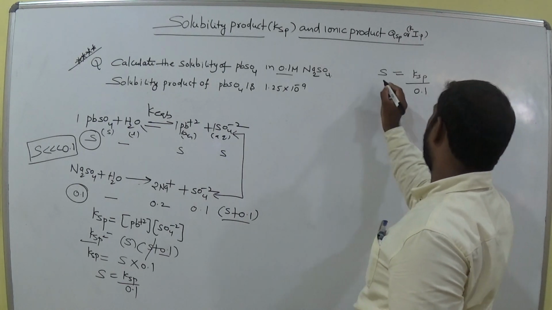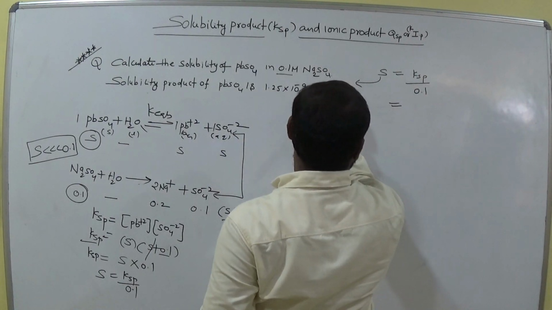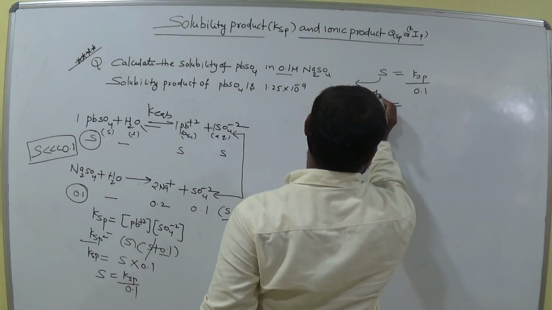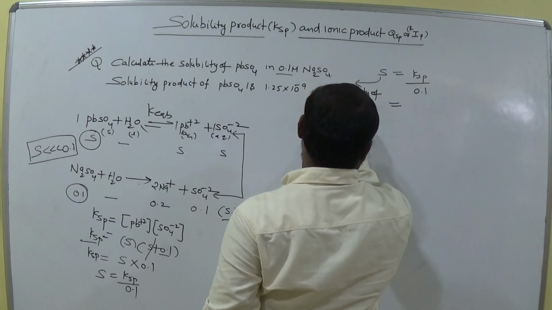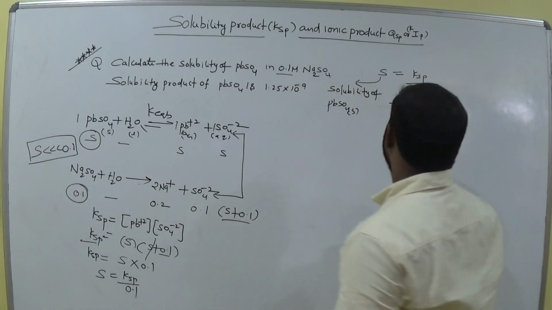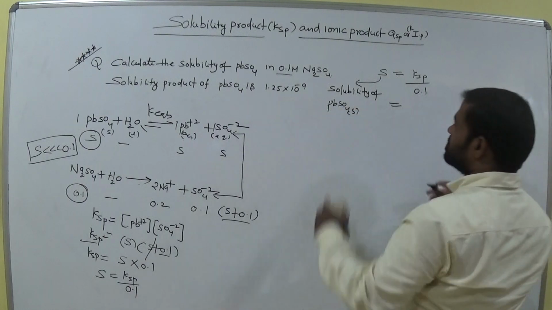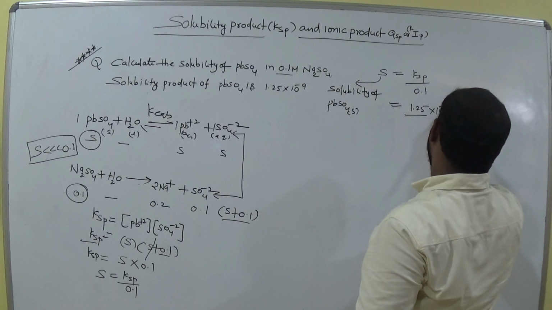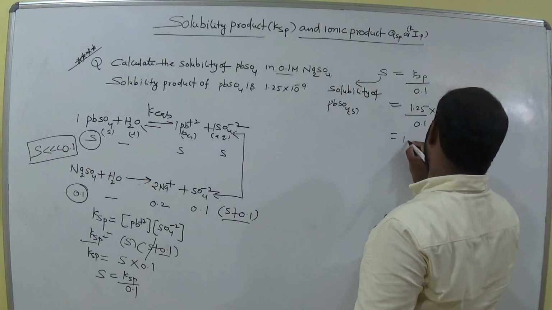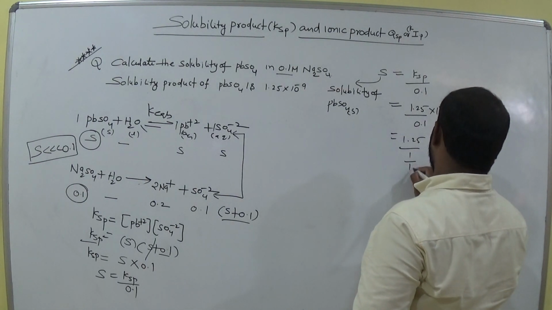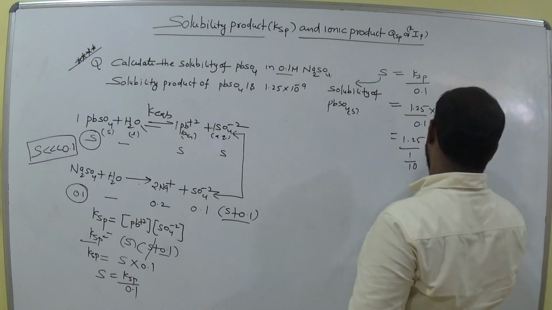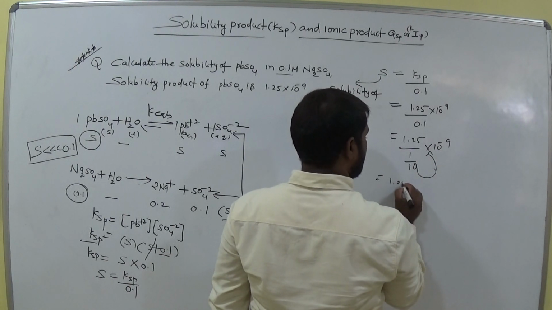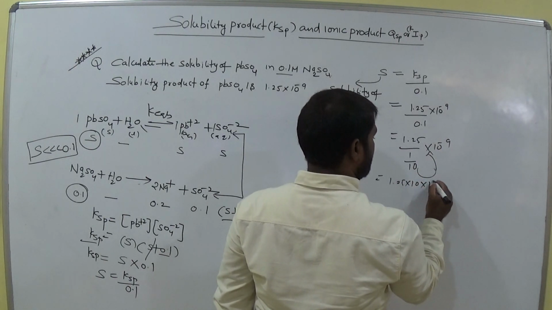So already given, what is S here? Solubility of lead sulfate. Okay. So its solubility product is given, how much is it? 1.25 into 10 power minus 9, by 0.1. So 1.25 into 1 by 10 into 10 power minus 9. Am I right? So now it undergoes reciprocal. 1.25 into 10 into 10 power minus 9.